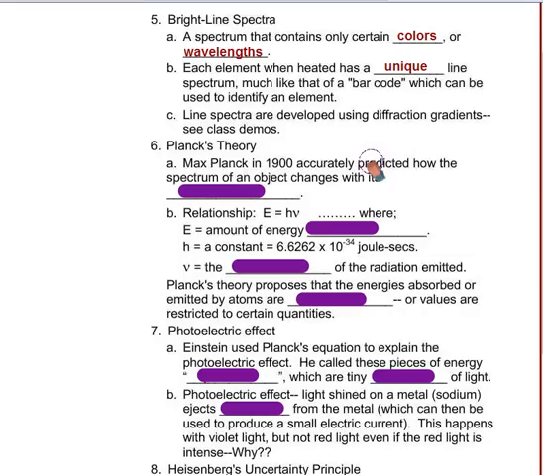When we have time, I want you to write this in your notes, and I want you to remind me about the Big Bang Theory. Because this particular property of elements led to the discovery of the origins of the universe. Okay, which moves us on to Planck's theory.